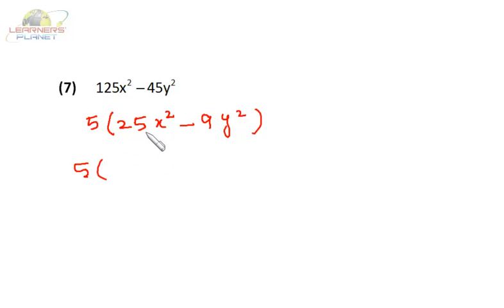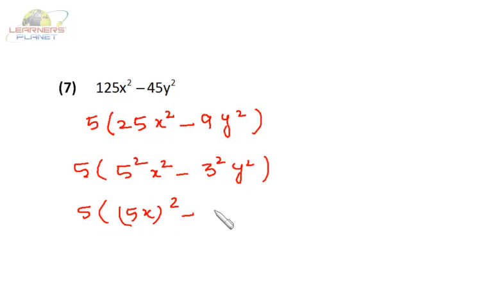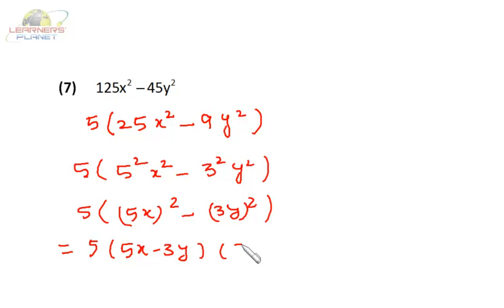Now further, it's 5 square x square minus 3 square y square, then it is 5x whole square minus 3y whole square. Now it is 5x minus 3y and 5x plus 3y. Okay, so you got the method.